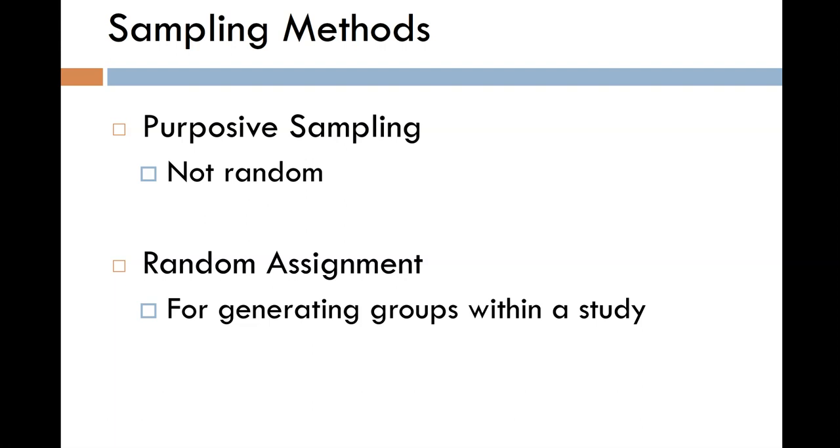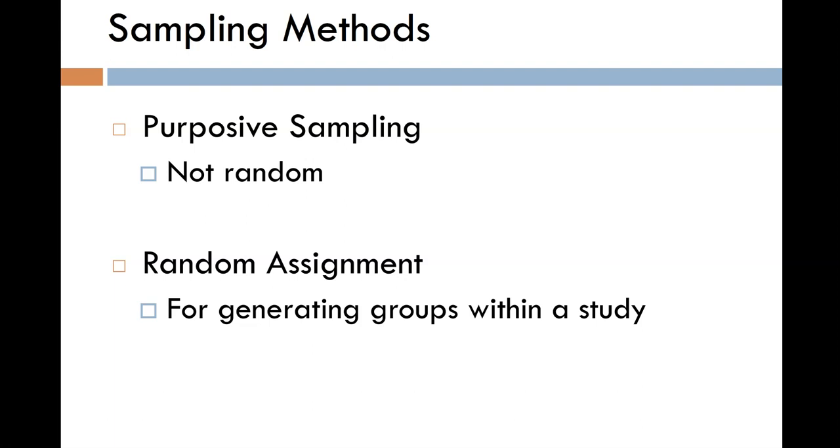You're not going to randomly sample all the people with autism and then ask them if they're lawyers or not, right? You're going to find lawyers with autism who are really good at talking about what being a lawyer with autism is, and you're going to say you are in my study because you're awesome at talking about this, right? So that's purposive sampling. It's not random. Again, it's what we're going to do most of the time in qualitative research and not quantitative research, although sometimes you'd use that for quantitative research as well.